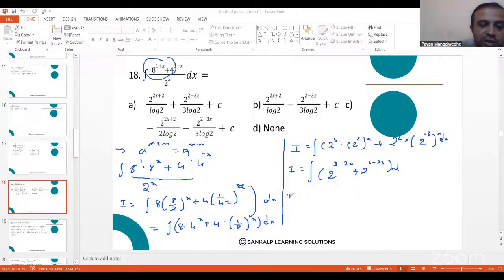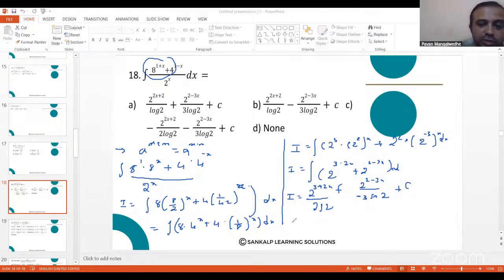Using that condition, I is equal to 2 raised to 3 plus 2x by 2 into integration of 2, then plus 2 raised to 2 minus 3x by minus 3 into integration of 2, plus c.